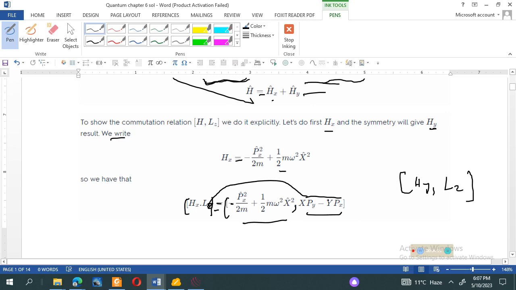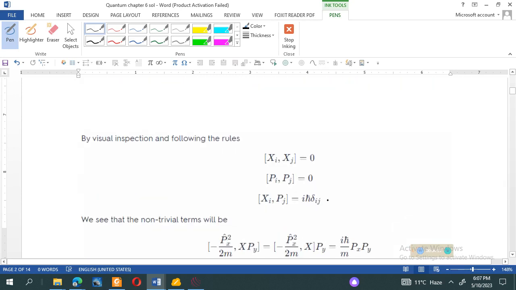When we evaluate this, by visual inspection and following the rules, the commutator of xi and xj is equal to 0, and of pi and pj is equal to 0. Similarly, the commutator of xi and pj is equal to i h-bar times the Kronecker delta ij. We see that the non-trivial terms will be those which are non-zero under the above commutation relations.